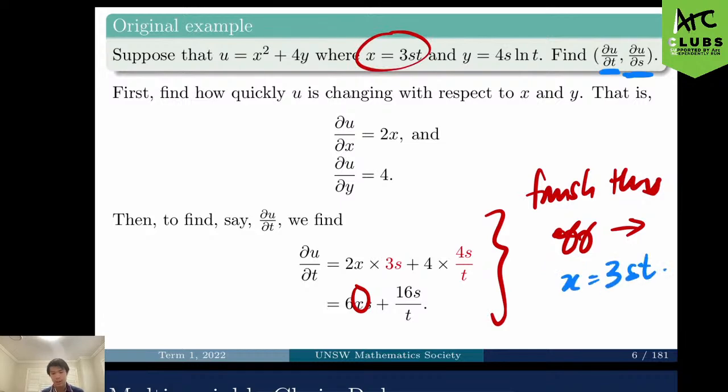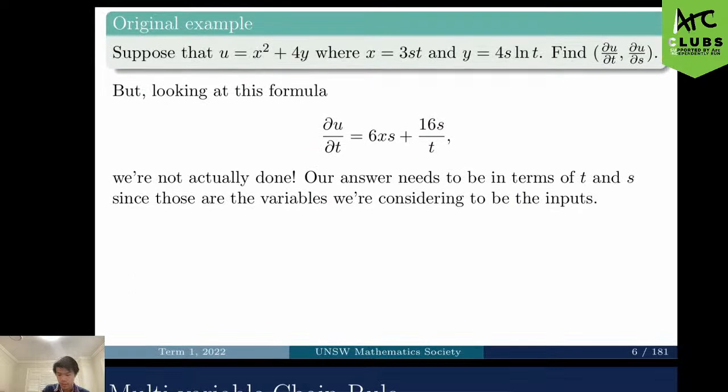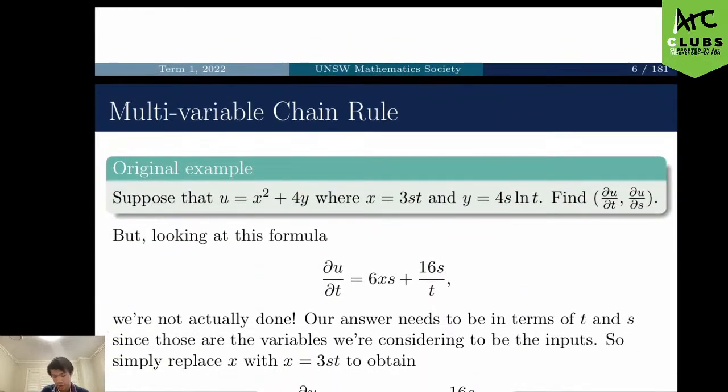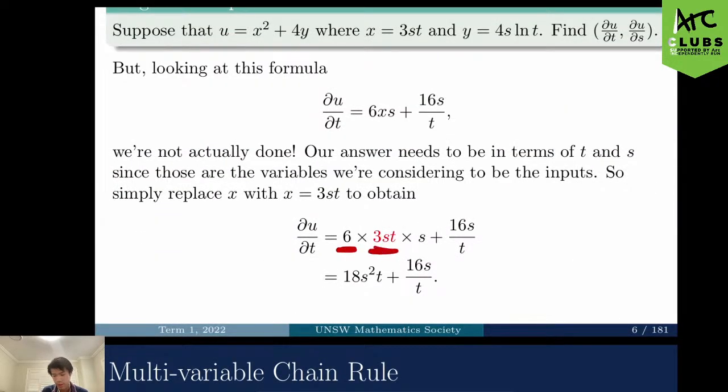Right, because that gives us x in terms of s and t. So we just replace that. We end up getting this thing over here. So 6 times 3st times s plus 16s on t. And simplifying that out, we just get this function in terms of s and t.